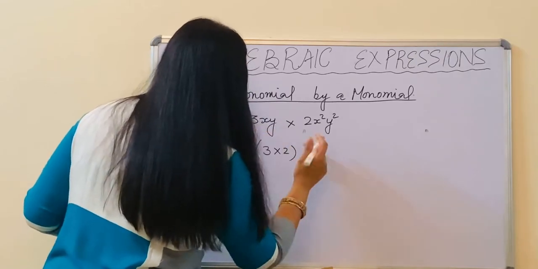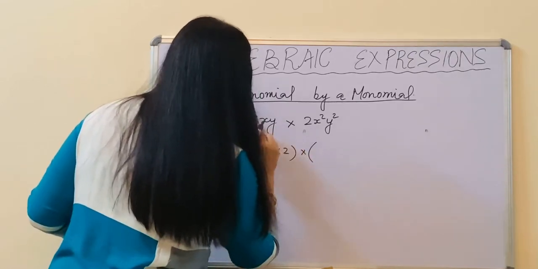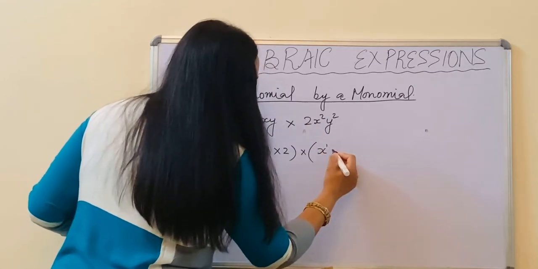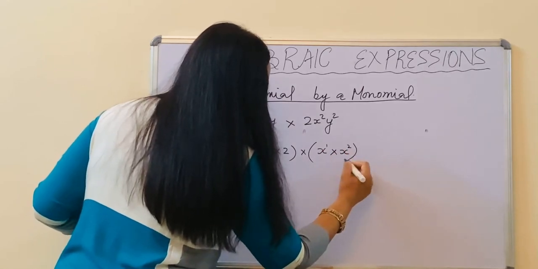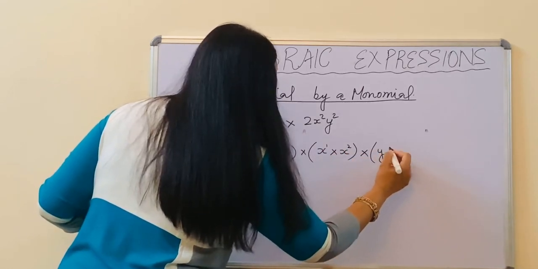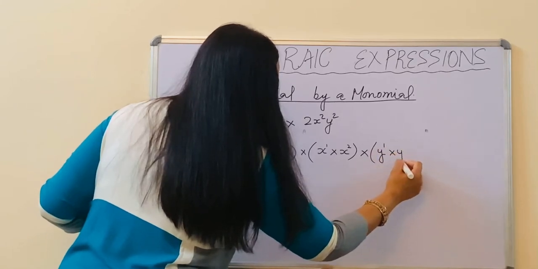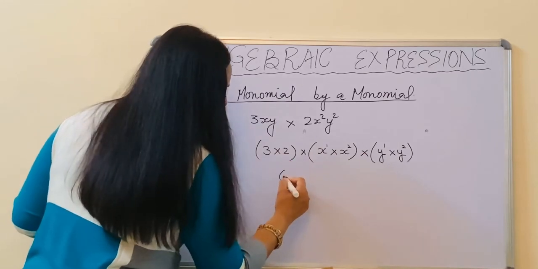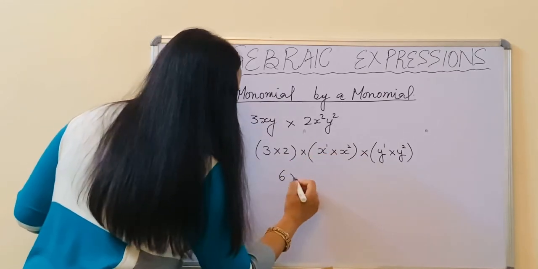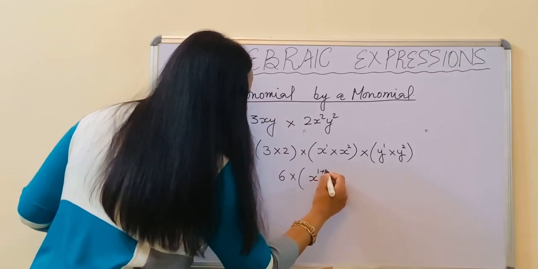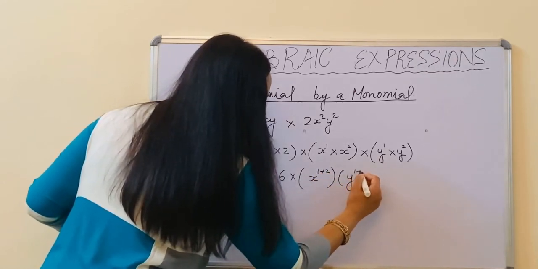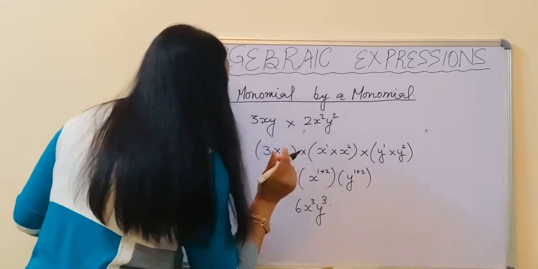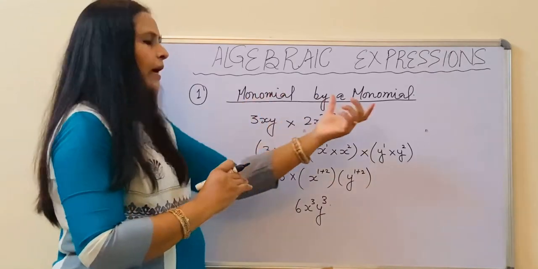Now we multiply x with x, which has the power of 1, multiplied by x power of 2, multiplied by y power of 1 multiplied by y power of 2. Following the rules, 3 twos are 6, x into x is 1 plus 2, and y is 1 plus 2, so we get 6x cube y cube. So simply we multiply a monomial by a monomial.